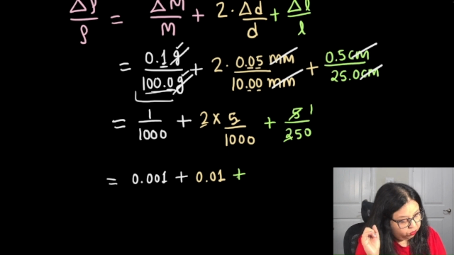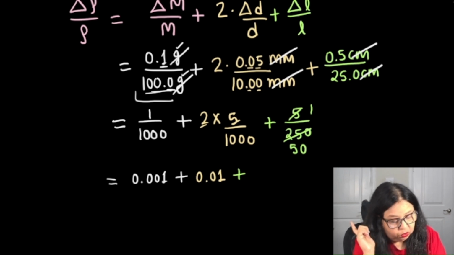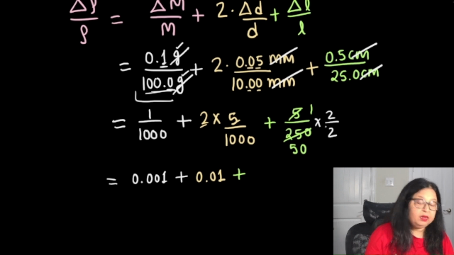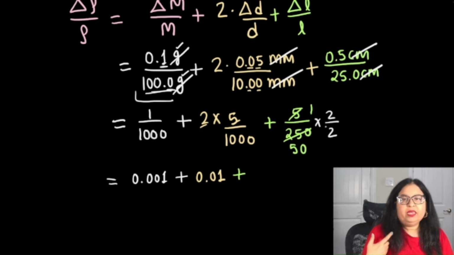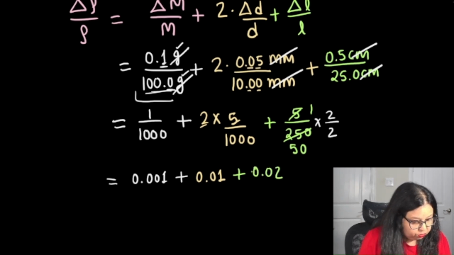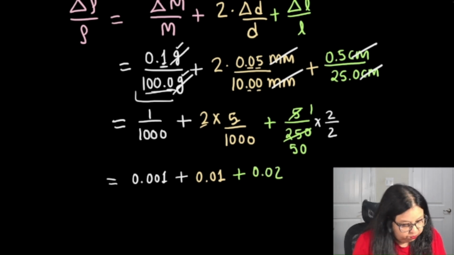Okay, 5 goes into 250 how many times? 50 times. Now here you don't have to do it, it's up to you. I'm going to multiply and divide by 2. It just makes math easier for me, especially if I'm doing it in my head. It becomes 2 divided by 100 now, which is equal to what? 0.02.